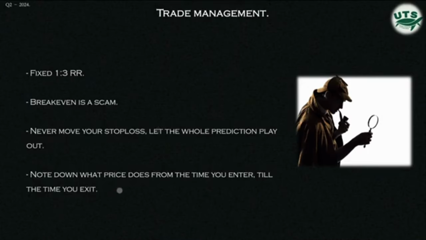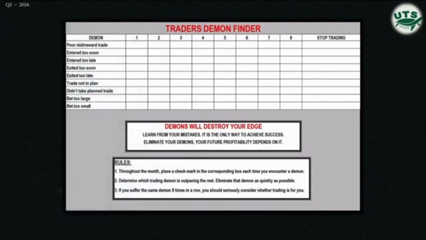Note down what price does from the time you enter till the time you exit every single trade, right? This is Tom Dante's Demon Finder on eliminating mistakes, right? Per week, he says throughout the month, but throughout the week, check yourself on these demons.